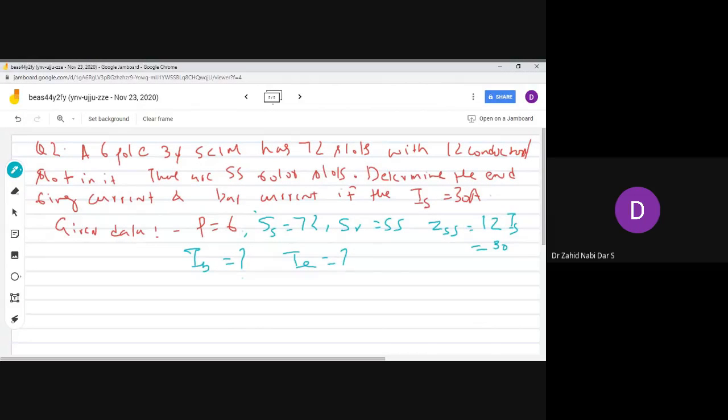Assuming rotor MMF is 85% of stator MMF, the IB formula you know: 0.85 into 6 into IS into TS divided by SR. So now you have to calculate the turns per phase. How do you go about the turns per phase? Turns per phase would depend upon what?